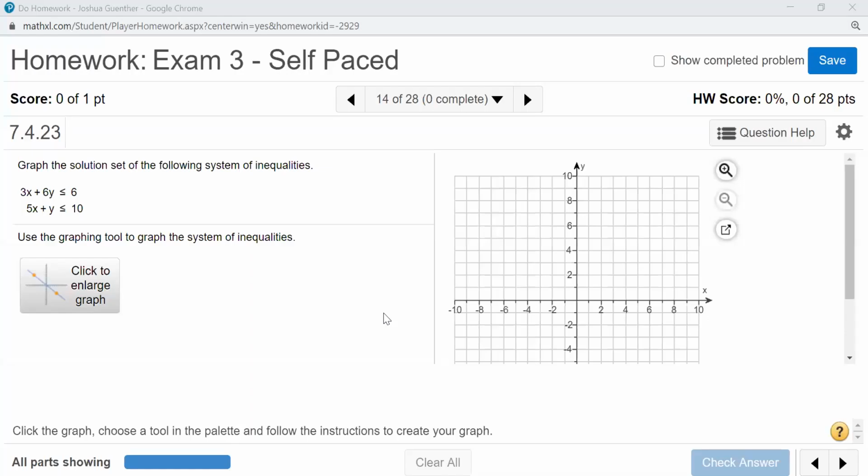So now what we have to do is going to be a little bit different. So let's take a peek. Let's take a gander. Now, this time around, it wants you to graph the solution set for a system of inequalities. A system.